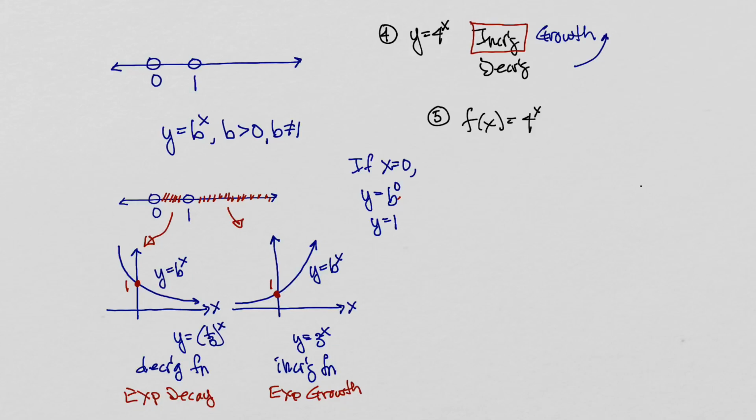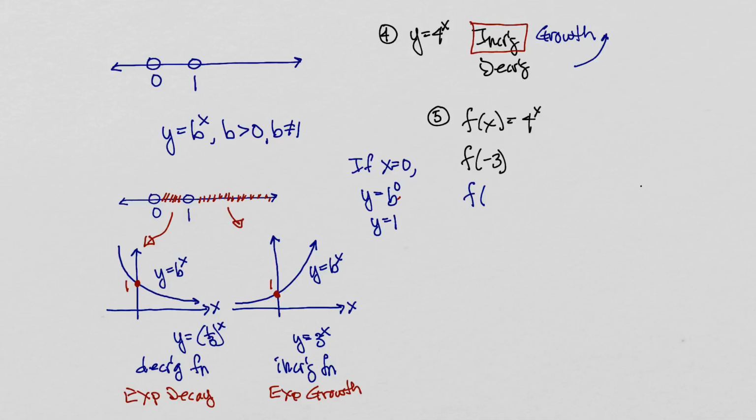Now, in number 5, we actually want to compute f of negative 3 for this function. What kind of function is it? 4 to the x. The base is bigger than 1, so this is going to be a growth function. What is 4 to the negative 3? We're going to evaluate this function as we normally do. Everywhere we see an x, I'm going to write open parentheses.